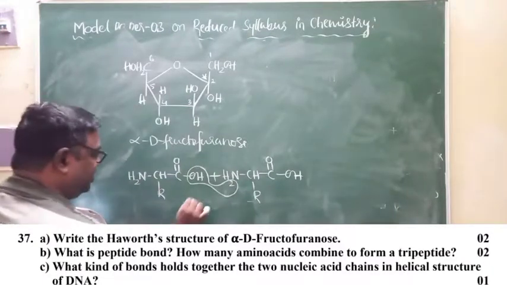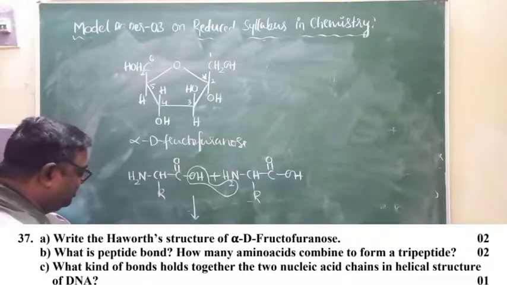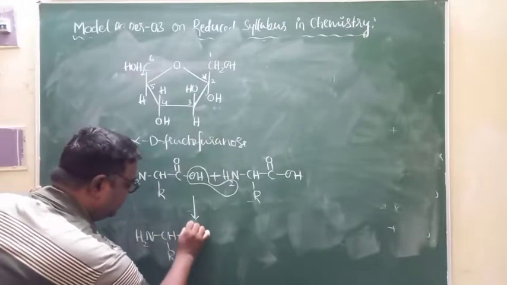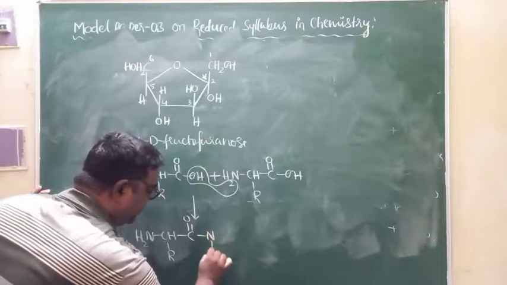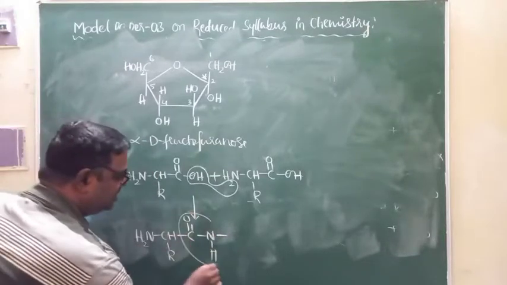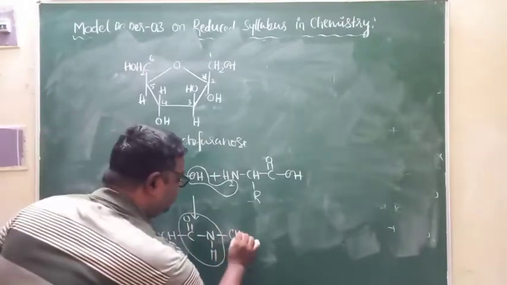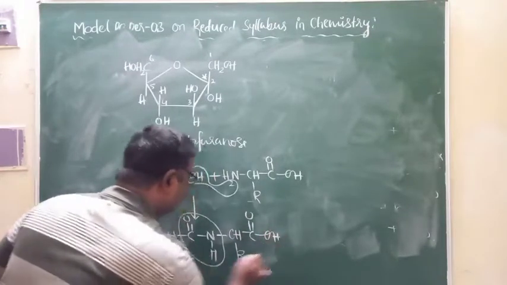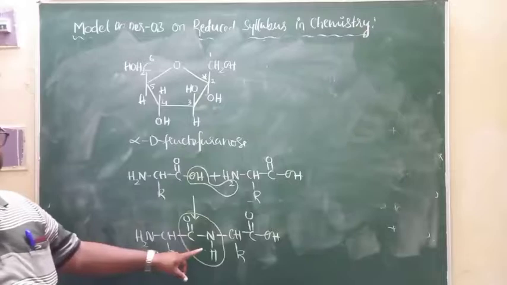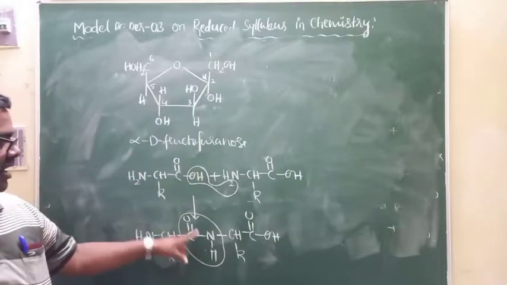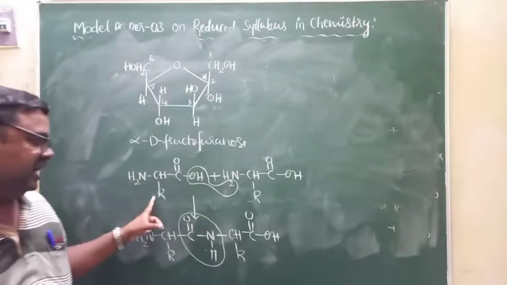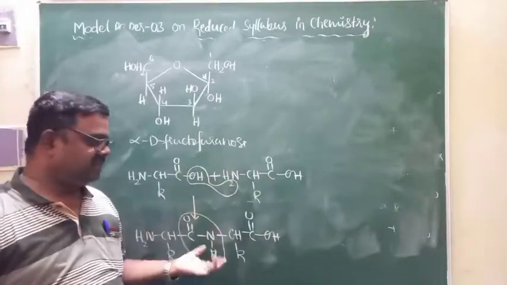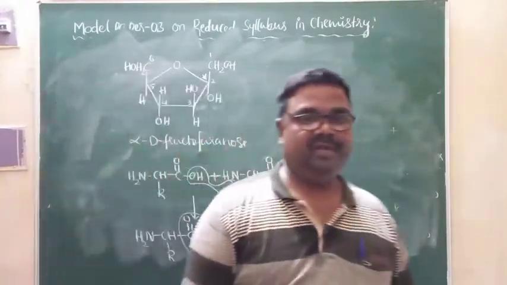That results in the formation of the amide linkage of this type: NH, CH, R, and of course the CONH bond, this is the amide linkage, this is the peptide bond, and this is CHR and C double bond O. This is what we call peptide linkage, formed when the carboxyl group of one amino acid is condensed with the amino group of another amino acid.